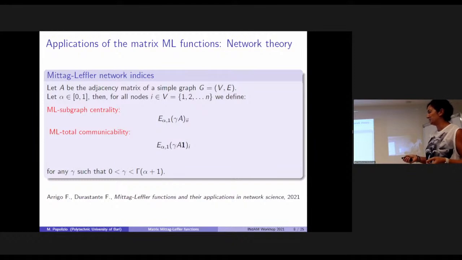We have the adjacency matrix of a simple graph, and we define the Mittag-Leffler subgraph centrality. It requires the computation of this special Mittag-Leffler function in which beta is equal to 1, but that's not a problem, evaluated at the matrix gamma A. Fabio discussed the role of gamma, but for me the important fact is that here we have a matrix argument.